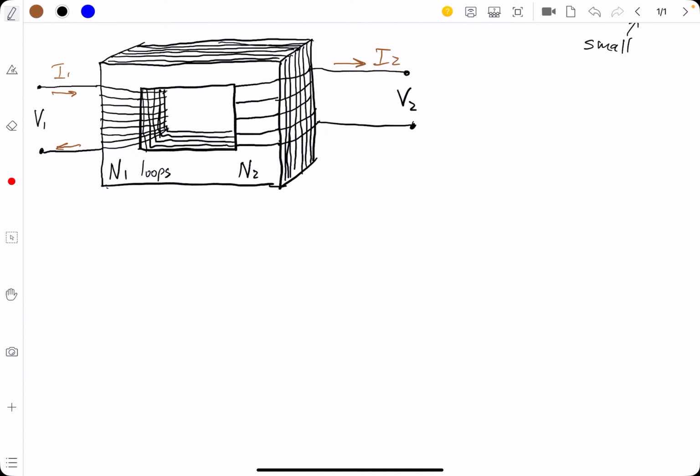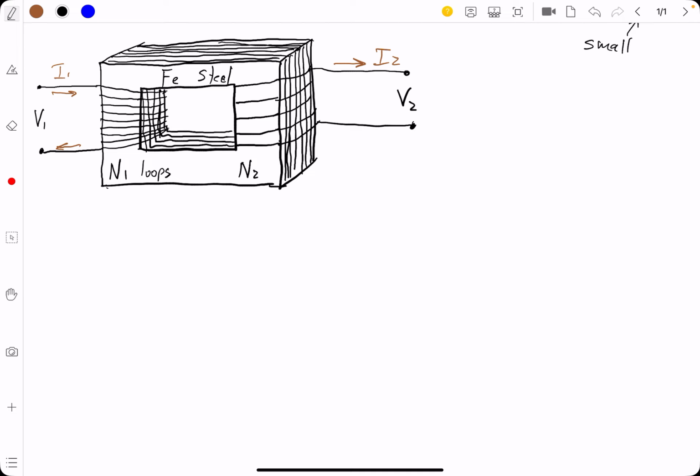all right, well, let's first talk a little bit about this ferromagnetic material. So pretty much ferromagnetic meaning iron. So it's iron or steel, something like that. That's fine.